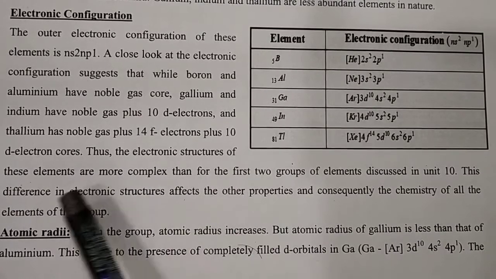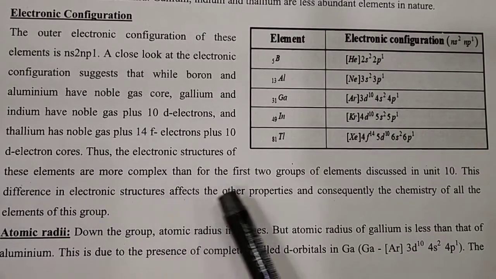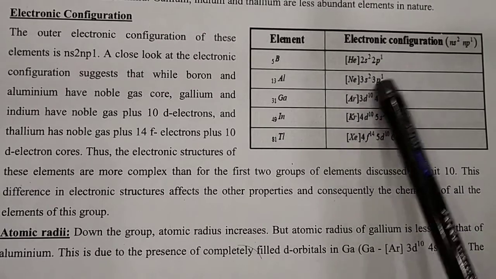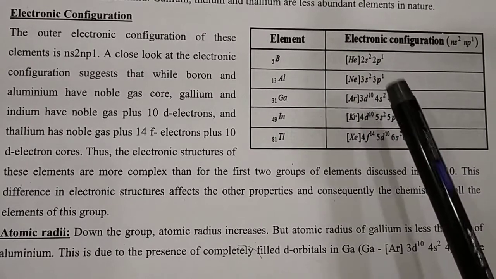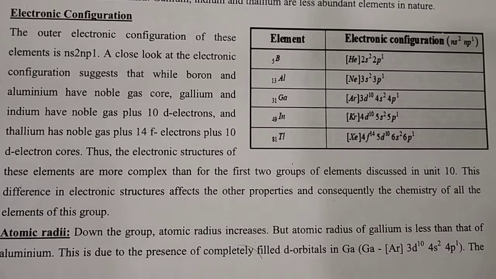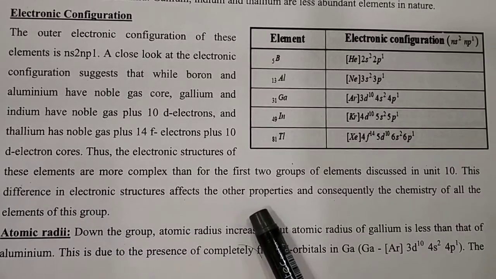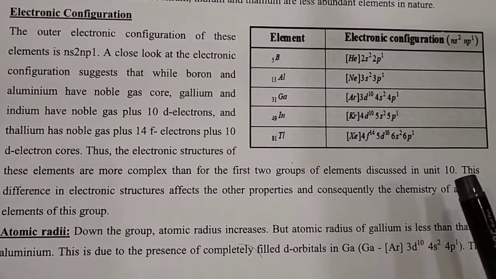Thus the electronic structure of these elements is more complex than the first group. First group and second group के अंदर there is no intervention of d block and f block. Straight away direct आपने ns1 ns2 के रूप में लिखा था. Here ऊपर के दो element के अंदर d नहीं आएगा, d introduce होगा third and fourth element में, 3d and 4d, and fifth element के अंदर 4f भी आ जाएगा and 5d is also there. So this difference in electronic configuration affects the other properties and consequently the chemistry of all the elements.